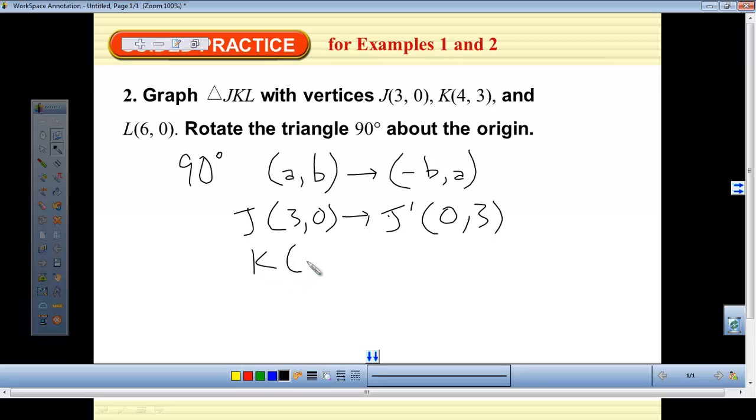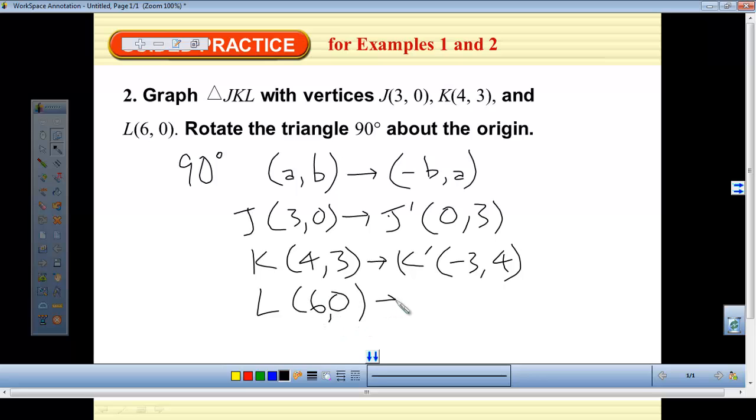K, from (4, 3), flipped around, K prime would become (negative 3, 4). And L, which is at (6, 0), would become L prime, which again we flip, and it becomes (0, 6).